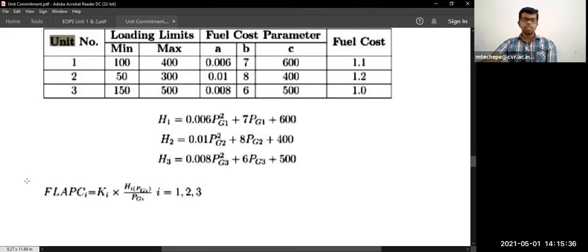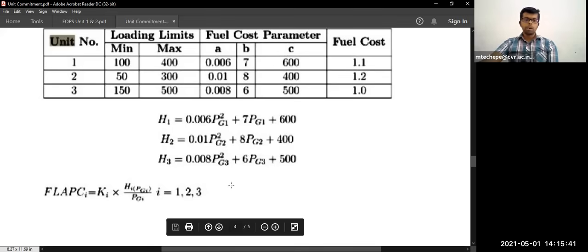After that, what is the first step? The first step is to calculate the full load average production cost, that is FLAPC. The FLAPC of the ith generating unit is equal to Hi of PGi divided by PGi, into the fuel cost Ki, where i is equal to 1 to N, the maximum generating unit.